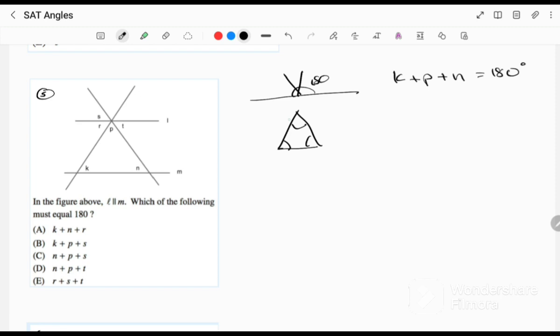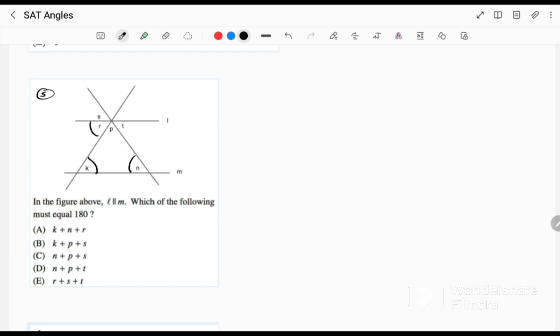Let's look at each of our options and go through them and see what the angles add up to. So our first option here is k, n, and r. So k is here, n is here, and r is here. R is a similar angle to k because m and l are parallel.